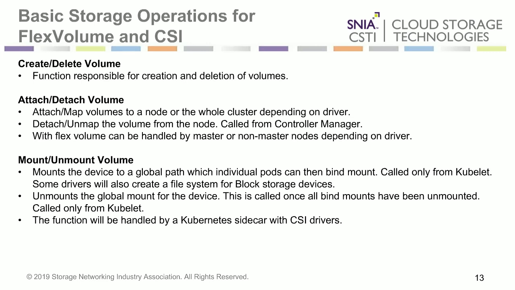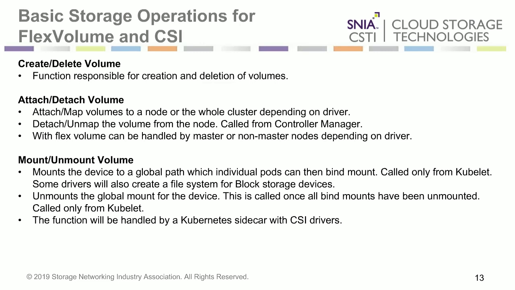Obviously, a node that's offline can't be responsible for unmapping a volume from itself. So a lot of drivers will use master-initiated attach-detach operations so that if you lose a node and you need to get that container back online, you're able to delete the node from the cluster, and then it'll force it to detach and reattach to a new worker node.